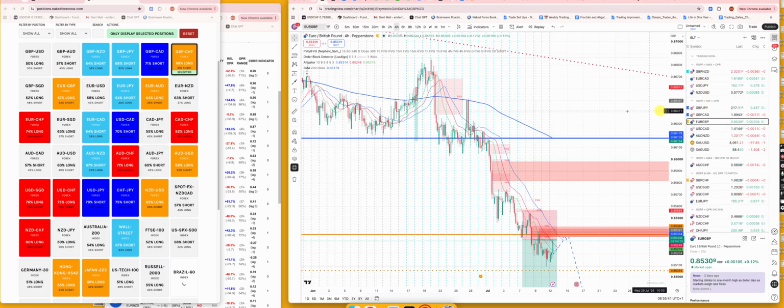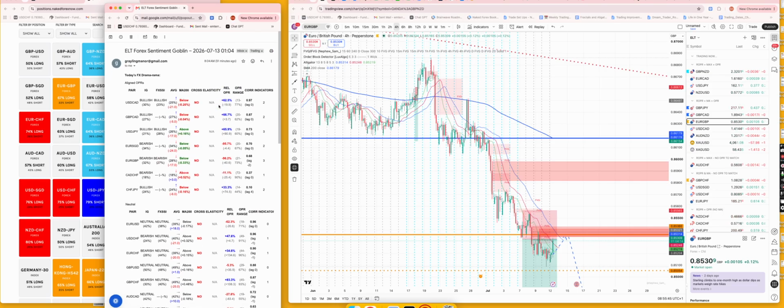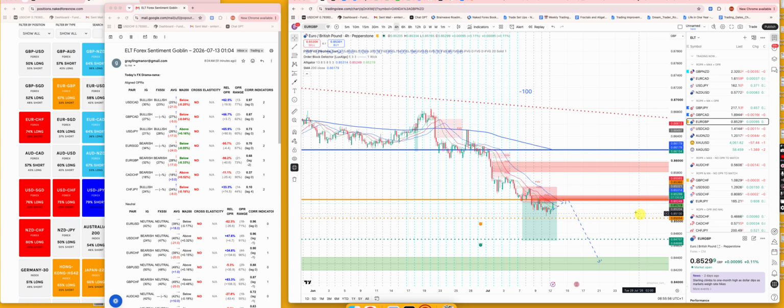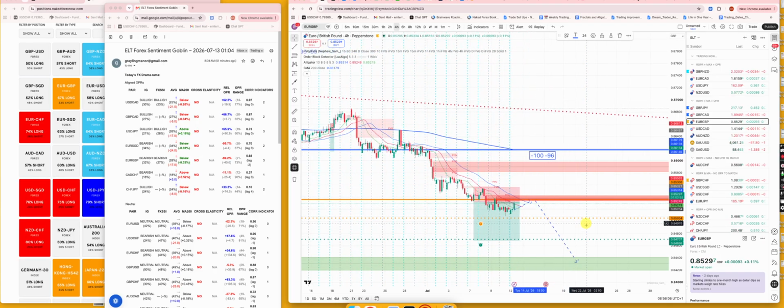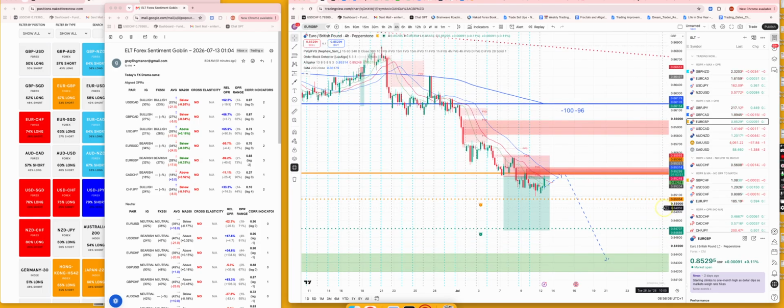Okay. Euro pound, what have we got up here? Bearish, bearish, minus 96, 3 indicators. Okay. So we can see, I thought it would go up and get some more liquidity, collect some more liquidity up there.